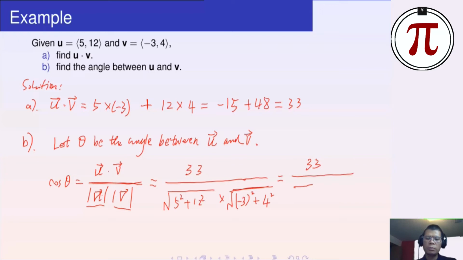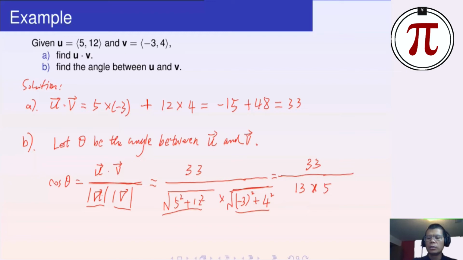Square root of 5 squared plus 12 squared is simply 13. And the other one is simply 5.